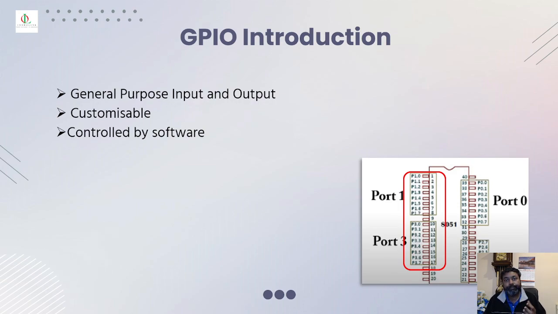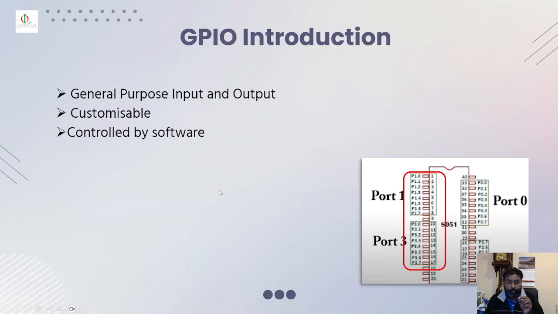As I said, the input and output pins, so you can configure these ports either as an input or an output, and these can be customized. That's what it means. Each and every pin can be customized whether to use it as an input or an output, and that can be controlled by the software.